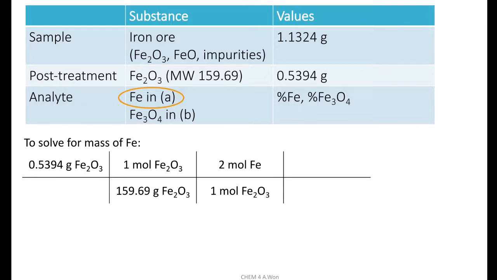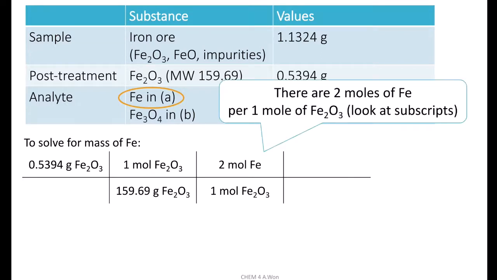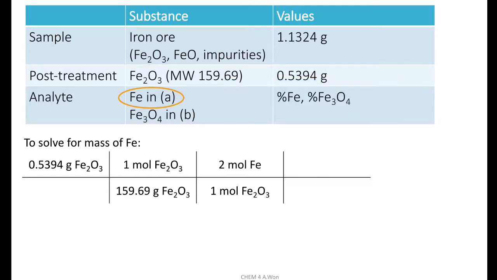For the mole ratio, because there are 2 moles of iron per 1 mole of Fe2O3, we write it as such. It is helpful if you look at the subscripts. Then lastly, we input the molar mass of Fe. So for the mass of Fe, we get this value, 0.37727 grams. This is not the final answer yet.